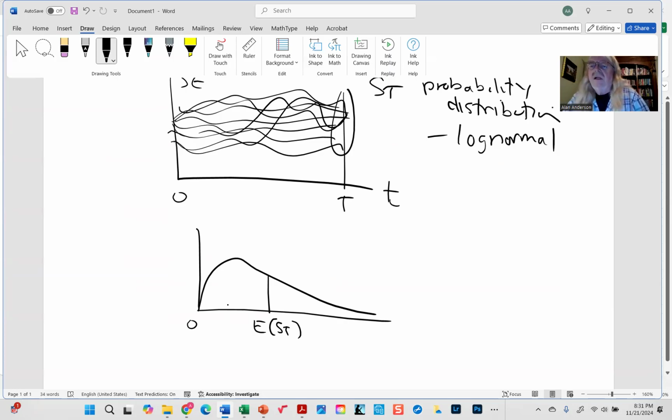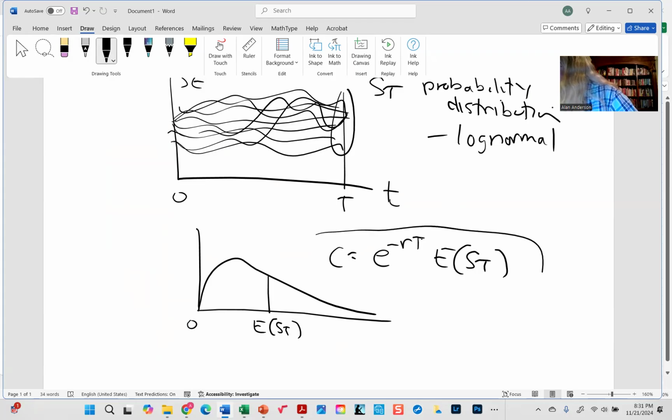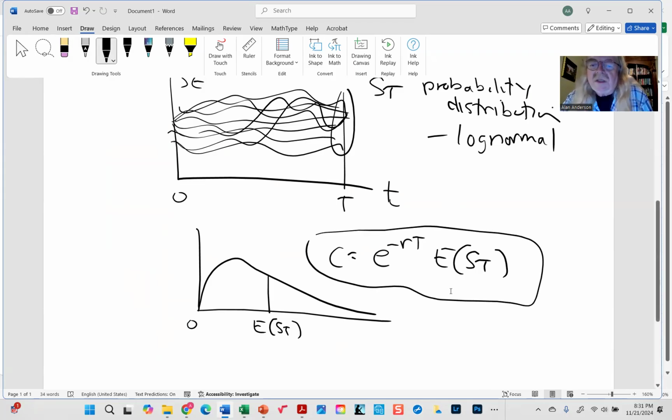We're averaging them out, and the option price is simply the present value of that, where this becomes capital T. So that's what we're doing with the traditional Monte Carlo approach.